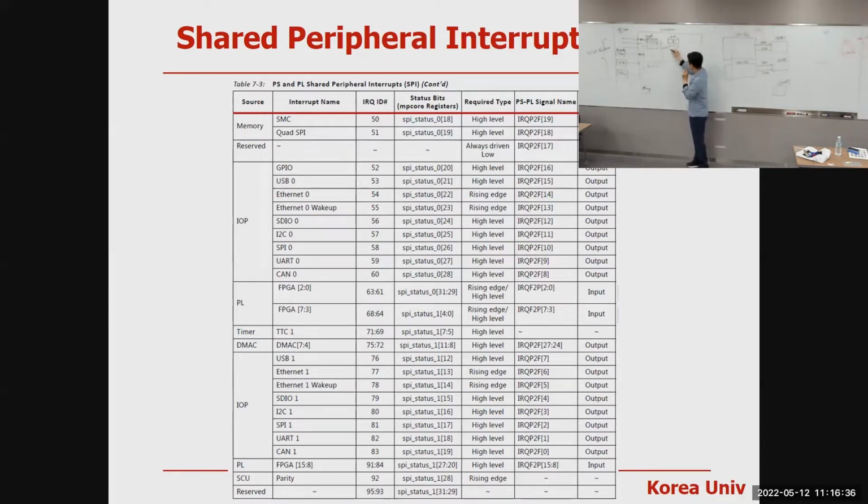And you should have 1020 8-bit registers to specify the priority for each interrupt source.